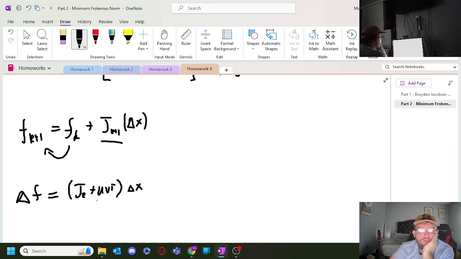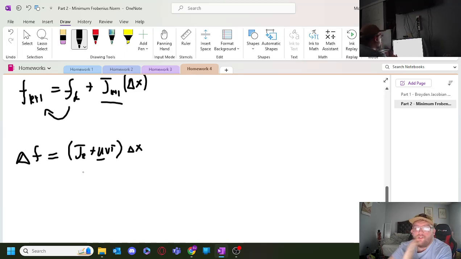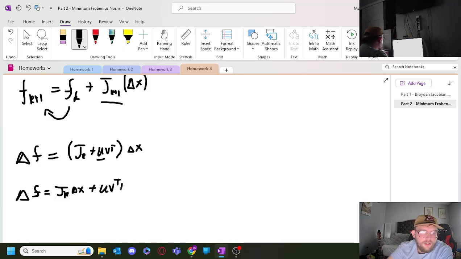So what we're going to do with this equation is solve for u. What we do is first distribute the delta x, because keep in mind, delta x here is a column array. So our change in f values is equal to J k delta x plus u v transpose delta x.